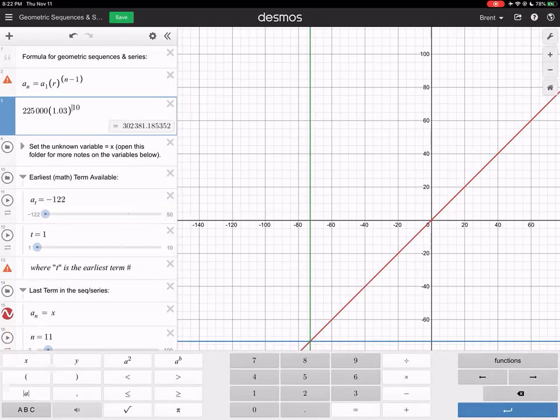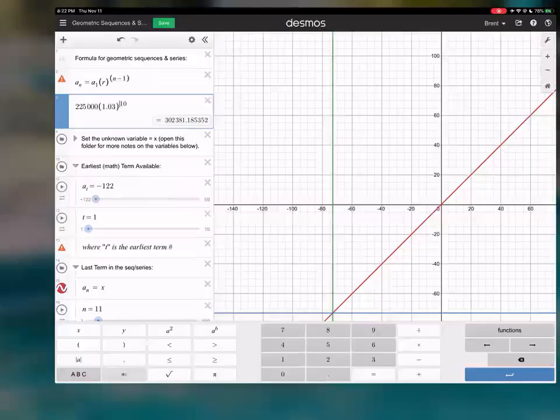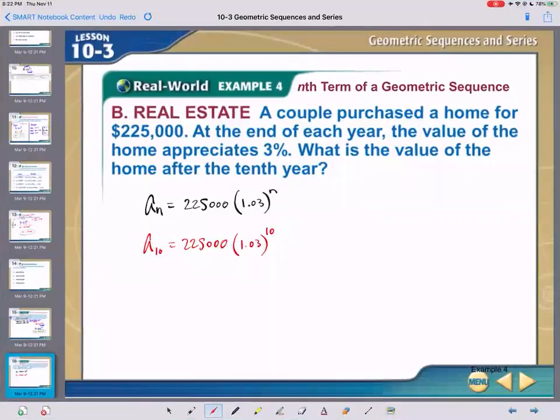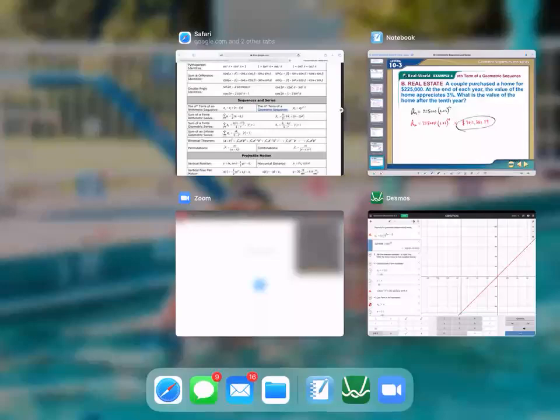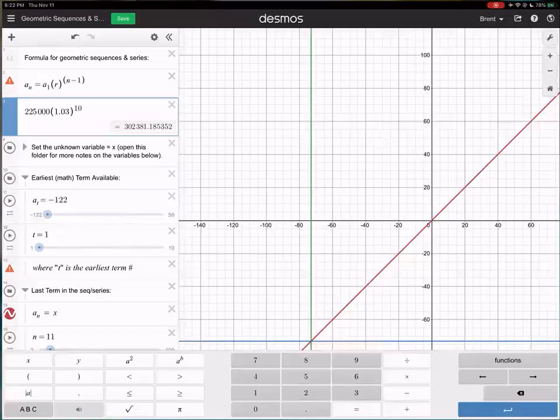And if I round, 19 pennies, because that 5 would round up. So $302,381.19. We'll do squigglies for rounding. 302, 381, 19, I believe was the number. We're going to check this again to make sure I didn't make a mistake. $302,381.19.